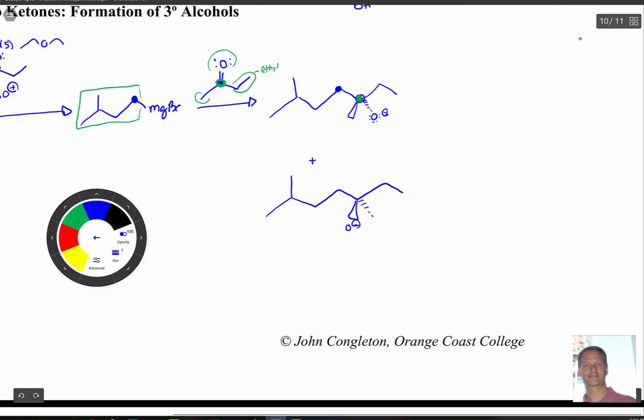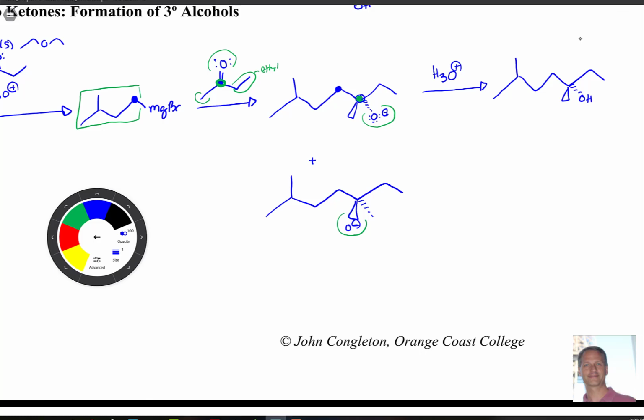Now the last step here is the easy one. This is where we add H3O+. And again, we're just going to protonate these guys. You can draw that out on your own. And then we get 1, 2, 3, 4, these guys here with your OH.